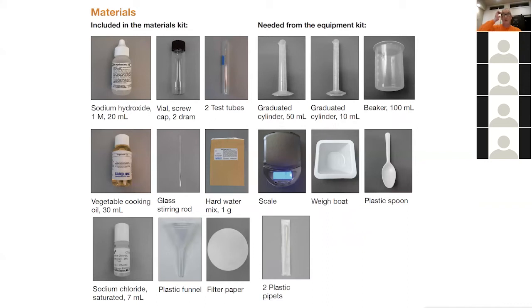All we're going to need tonight is the hydroxide, the oil, and the vial. Later, you're going to be doing the testing, and we will need the scale and a plastic pipette. That's pretty much it for this evening. The other stuff is for later.